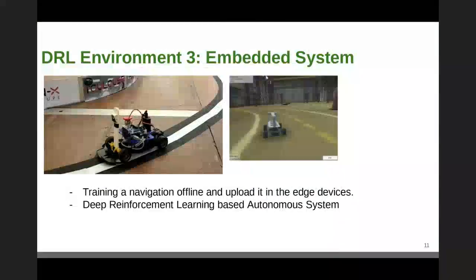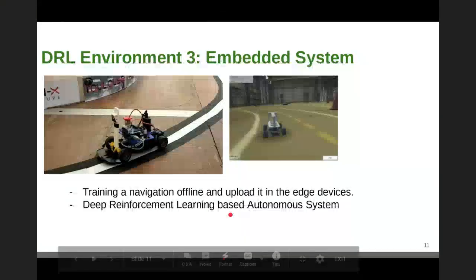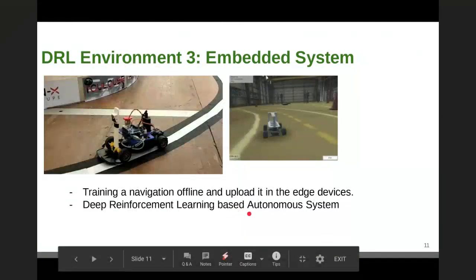The third one we use for robot learning is learning navigation in an embedded system. Here we can simulate and train the model offline, and then just put this algorithm in your Arduino-based car online. So this one we're trying to simulate an autonomous system.